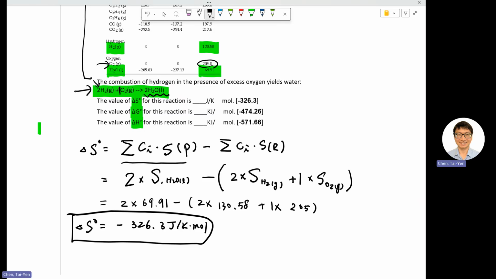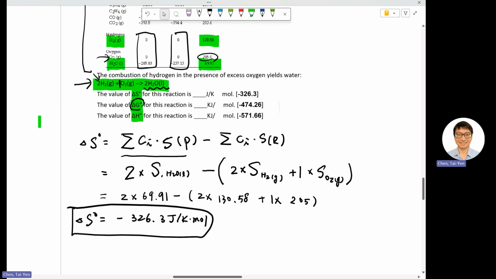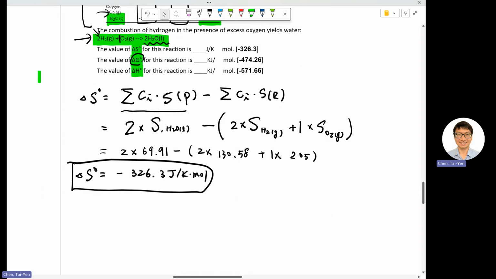How about your delta G and delta H? It's exactly the same process. The only thing that changes is that when you ask for your delta G, you use this column, and when you ask for the delta H, you use this column. The calculation is exactly the same. Let's do this quickly.